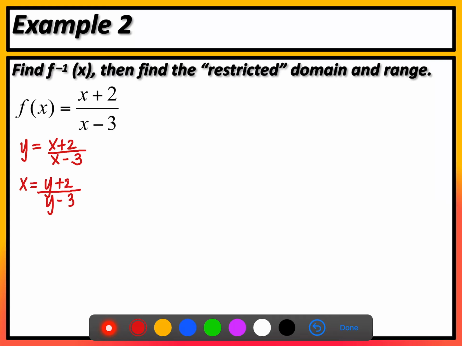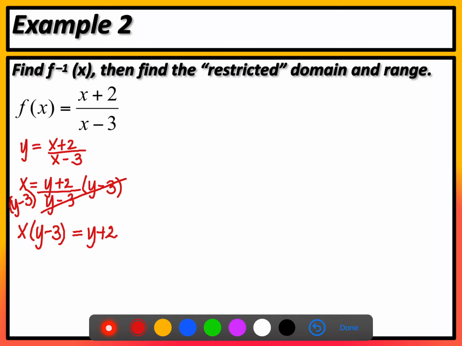You have a y in the numerator and a y in the denominator. So we're going to try and get those together. All right, we saw last time with the rational function that we wanted to multiply this to the other side to get it out of the denominator, because I can't work with it in the denominator, so I want to bring it up, okay?